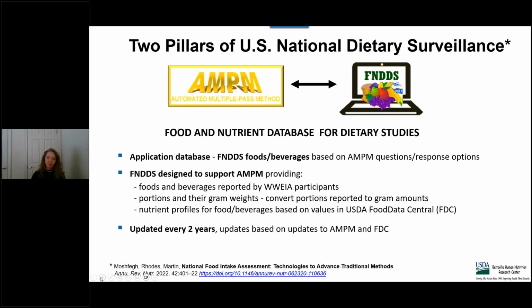It gives you all the foods and beverages that get reported in What We Eat in America, as well as the portions, and converts those portions into gram weights. The nutrient profiles for all of those items are based on the values that are in USDA's Food Data Central, a relatively new composition platform that sits on the internet and is accessible to anybody.